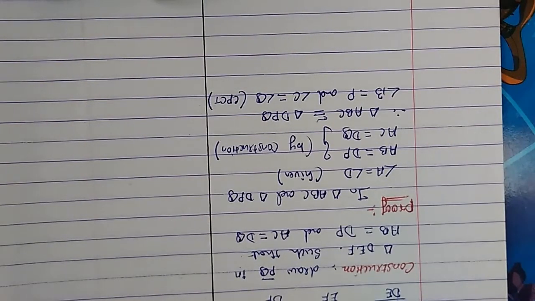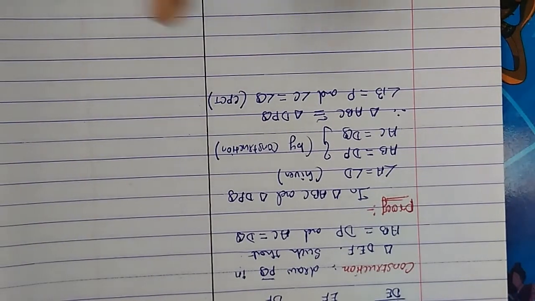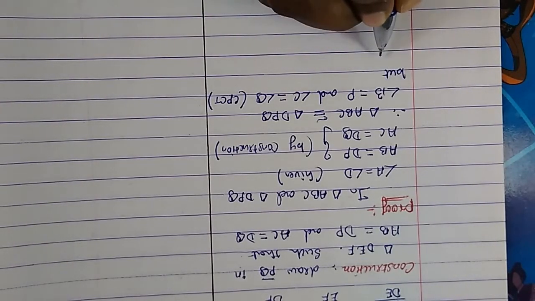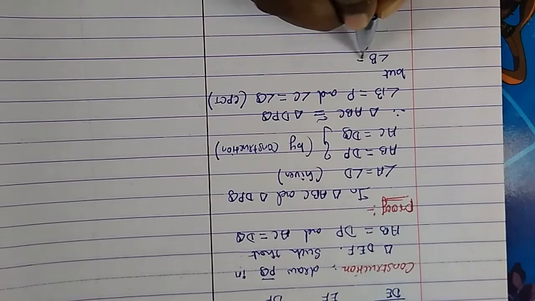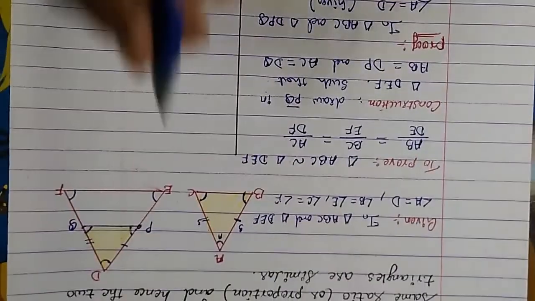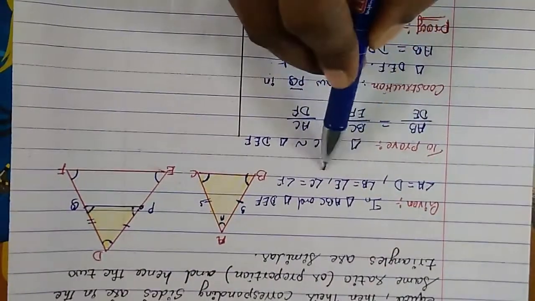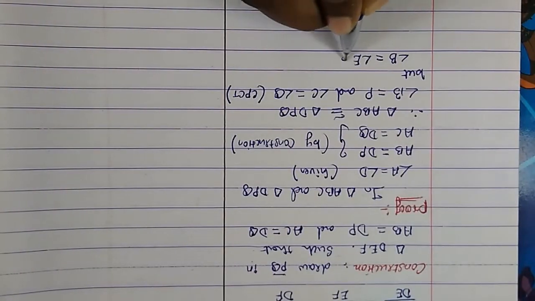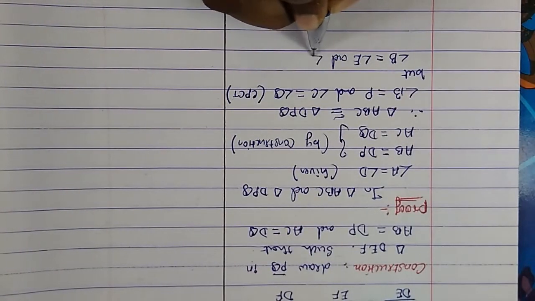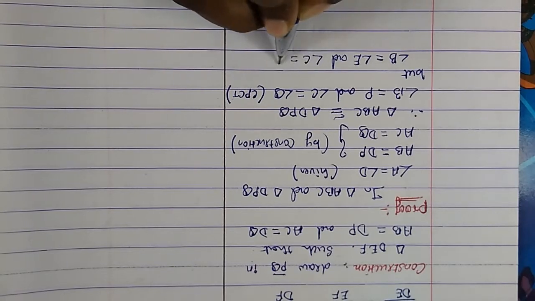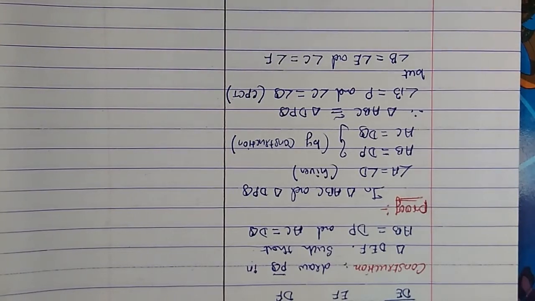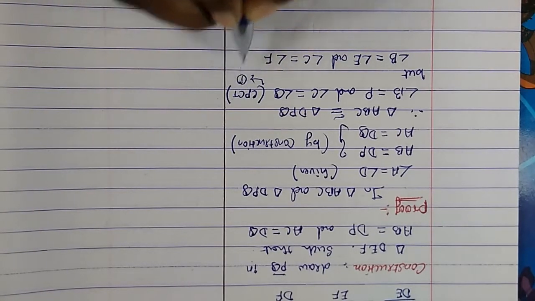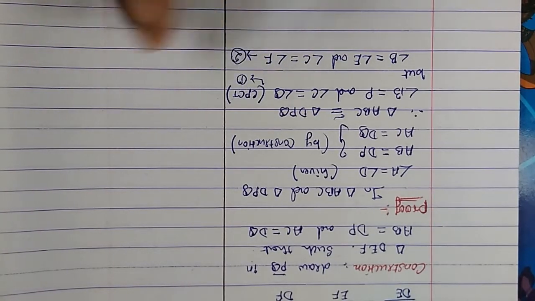Is it clear now? But we know that angle B is equal to angle E because it is given to us, and angle C is equal to angle F. This we keep as equation 1 and this as equation 2.